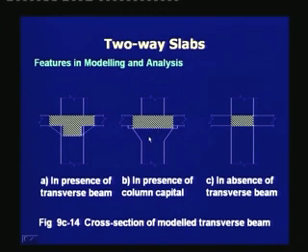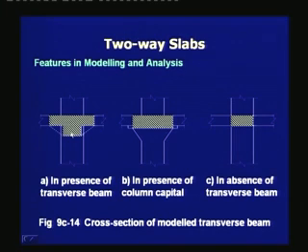In the middle one, there is a column capital and a drop panel, and we see that the part of the drop panel which is bound within the column capital is selected as the transverse beam.